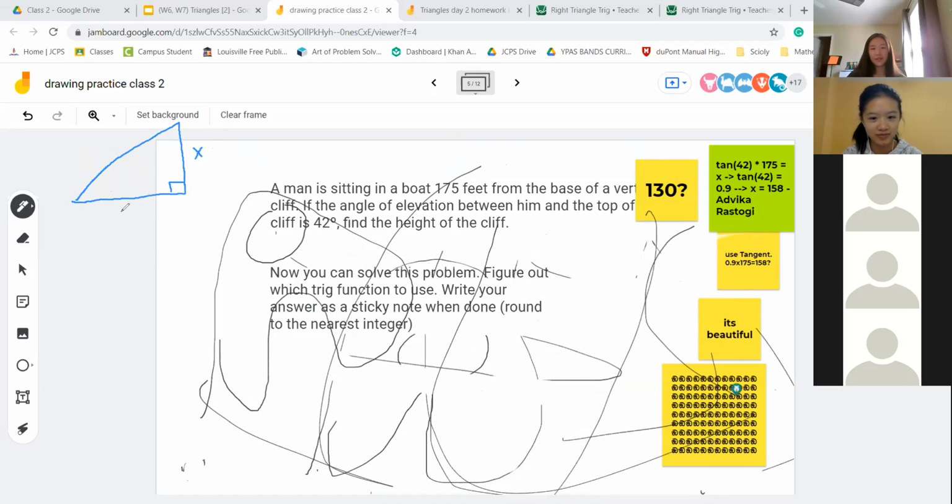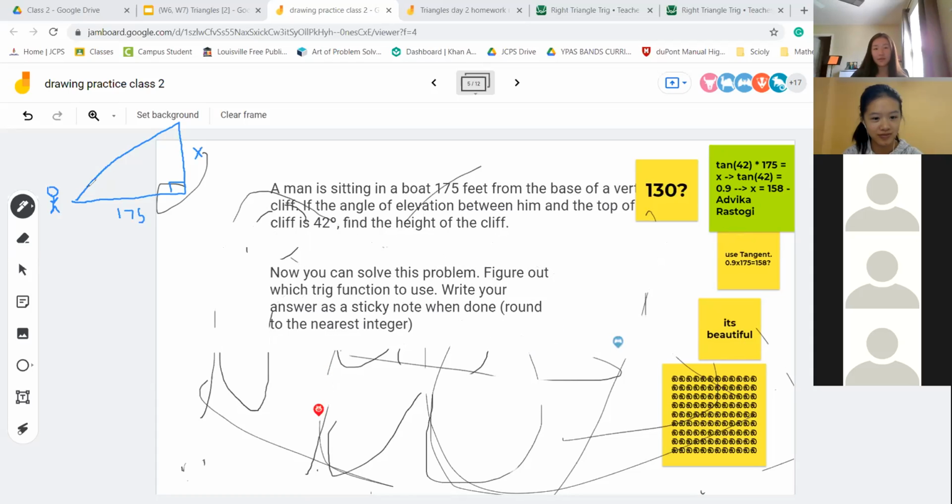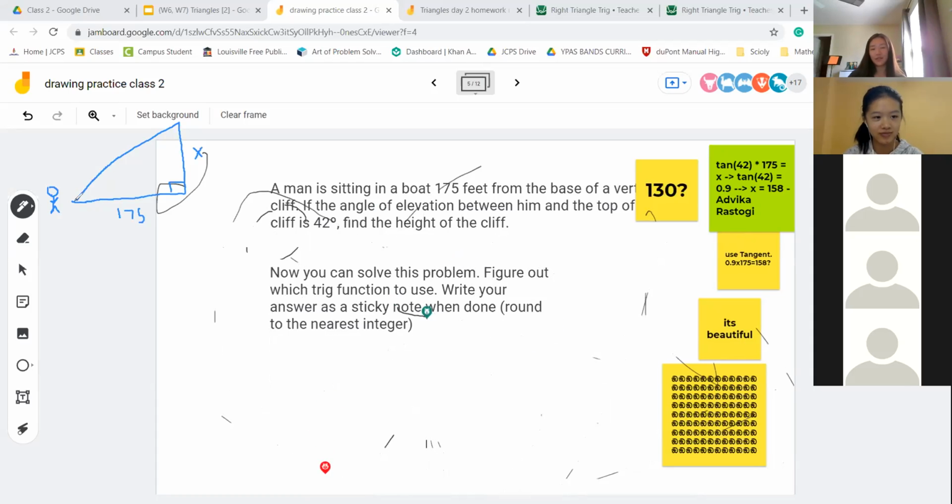Then I'm 175 feet from the base, so I'm right here. And the angle of elevation is 42. The angle of elevation is the one where, like Amy said, you look straight and then you look up. So it's going to be this one.